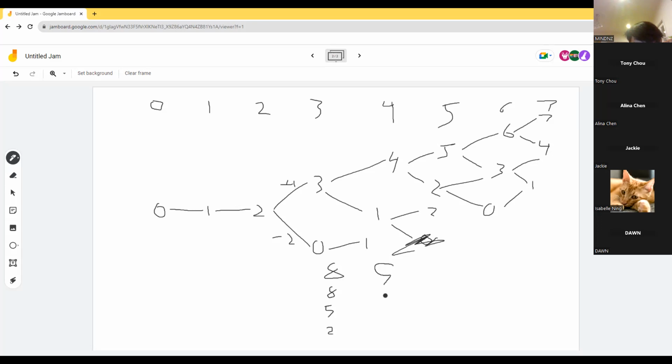And after 9 minutes, we can have 9, 6, 3, and 0. And after 10, we can have 10, 7, 4, and 1. And after 11, we can have, okay, it's a bit boring, but I promise this is going to be very helpful.